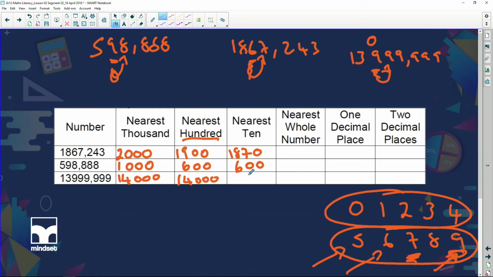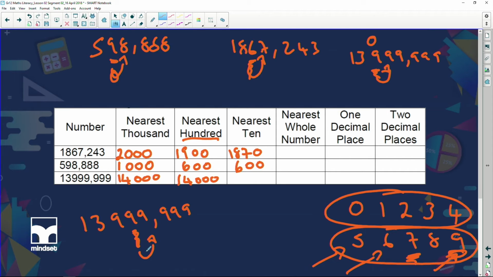Now, it gets complicated. 13,999,999. We're looking at the 10, nearest 10, the 9. That's going to be affected by that 9. That 9 says, hey, the 9 next door's got to go up 1.